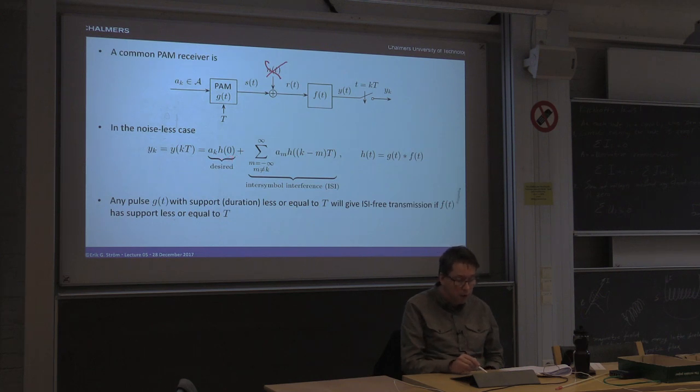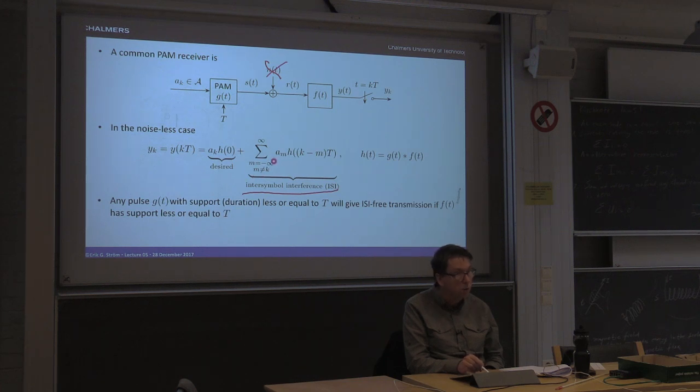And then we get something else, this intersymbol interference. And what is that? Well, it's an infinite sum over these symbols that we will decode a little bit later, but we're not interested in them right now. So these A_m here are symbols that will eventually be decoded, but we're interested in the kth one now, not the mth. We see that m is not equal to k.